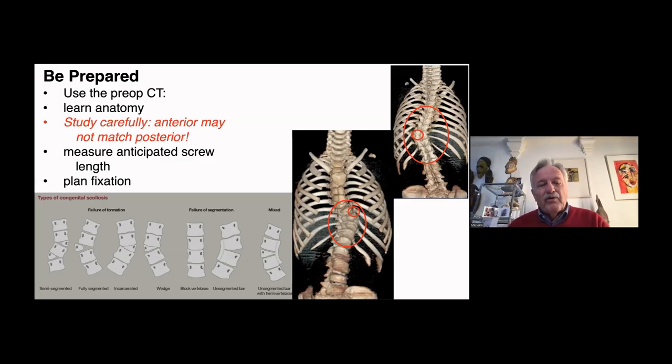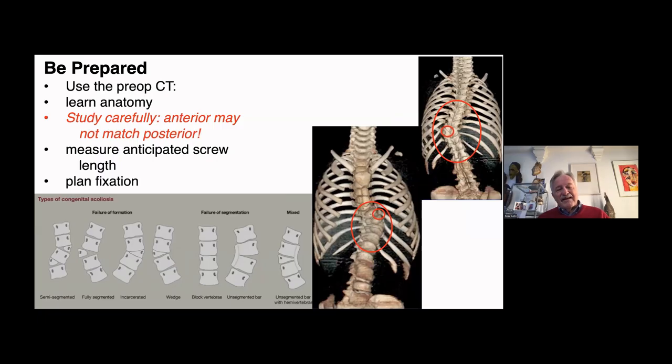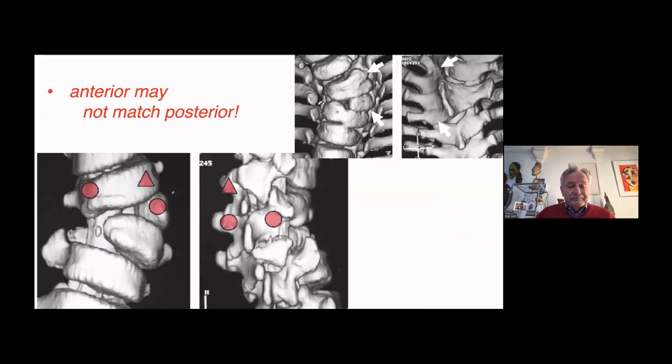It has been shown before by a colleague that the combination is sometimes very strange between the anterior perception of the malformation and the posterior perception of the malformation. And of course, you can use the CT scan to really plan the surgery. Like in architecture, you can measure the screw length, you can measure the screw size, and so on. So you can make a surgical plan with that.